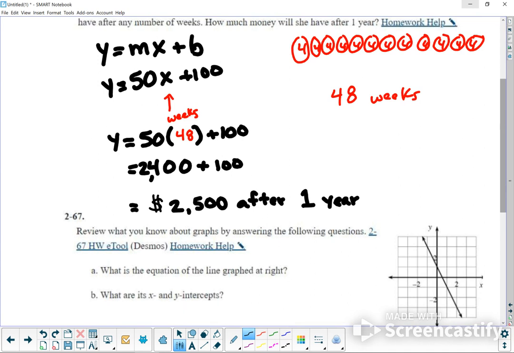If you save $50 a week for a whole year, you would actually save up $2,400. Think about how much money that is. And if you put any money in the beginning, that bumps it up. Now think about if you can make $50 a week.